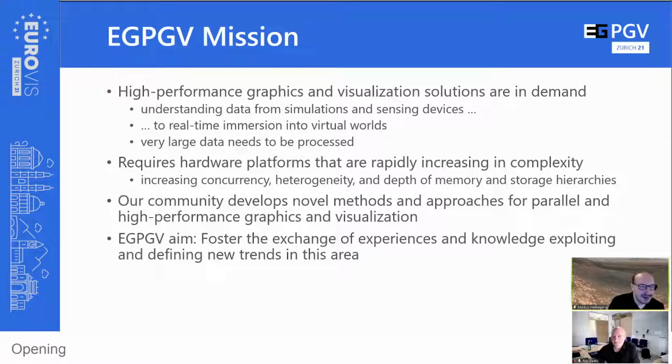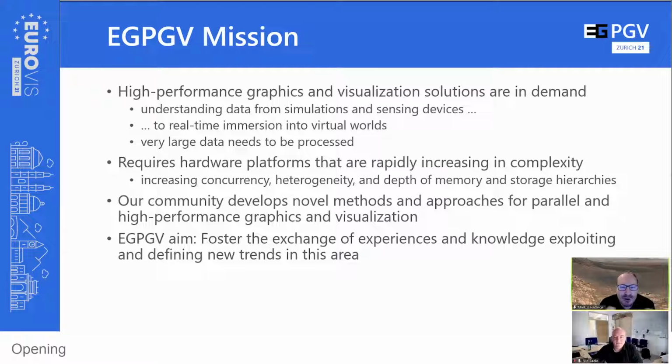So let me talk a little bit about the EGPGV mission. The motivation for EGPGV is that there is a high demand for high-performance graphics and visualization solutions, and very large data sets need to be processed efficiently, from large-scale simulations and sensing devices to real-time immersive virtual environments, and so on. These solutions require the efficient use of parallel and distributed hardware platforms, which are increasing in complexity all the time.